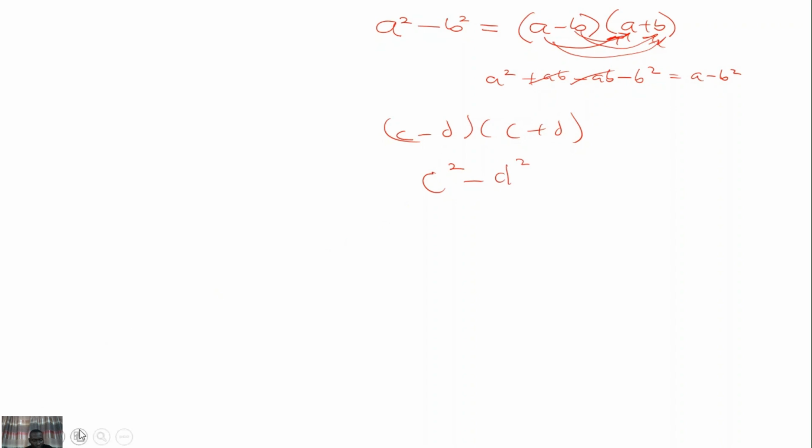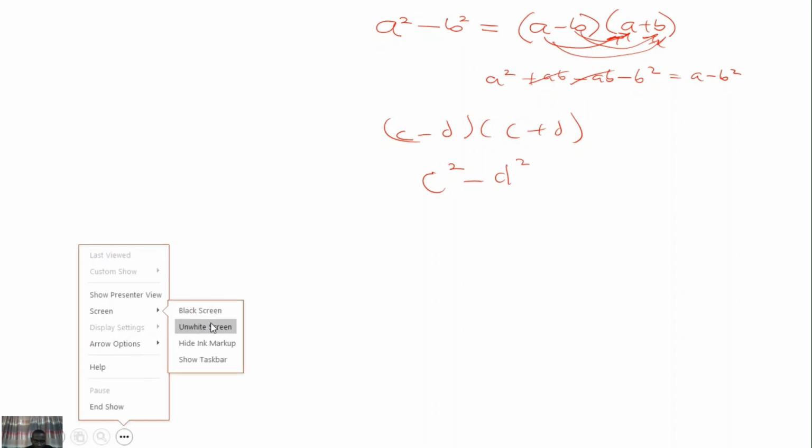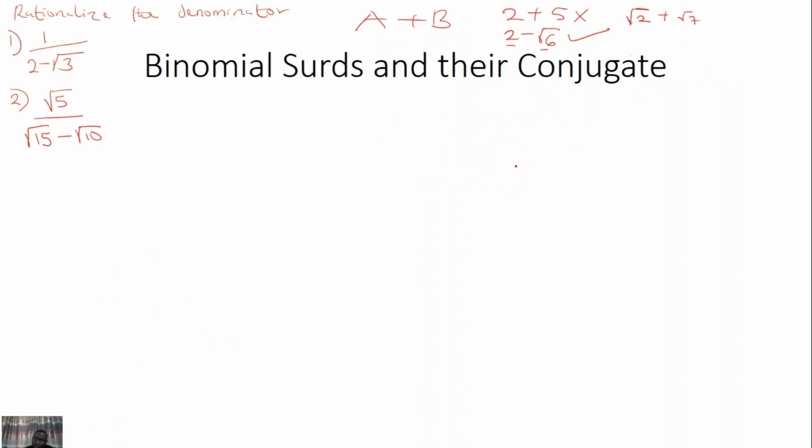Okay, let's look at why that is important in surds. Let me talk about what conjugates are. The conjugate of a surd is what you can multiply with that surd to make it give you a difference of two squares.